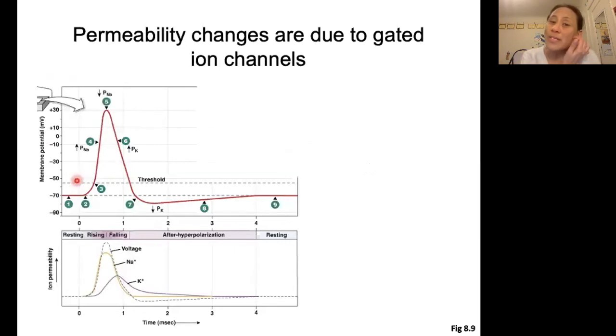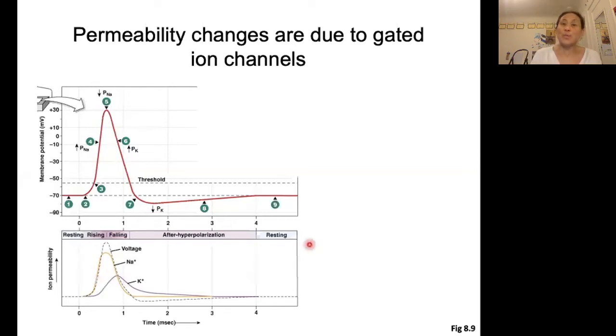All right, so I want to start off by reminding you that these phases of the action potential, these changes in membrane potential that occur during the action potential, are due to changes in permeability of the membrane to our two main ions that we're focusing on here, sodium and potassium.